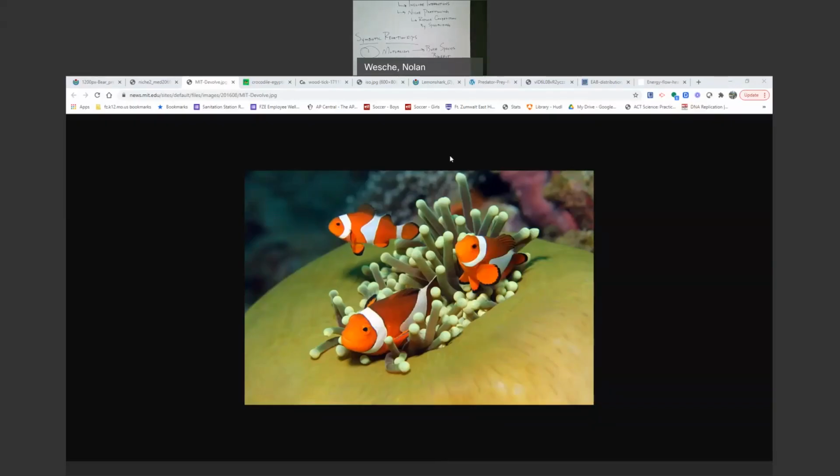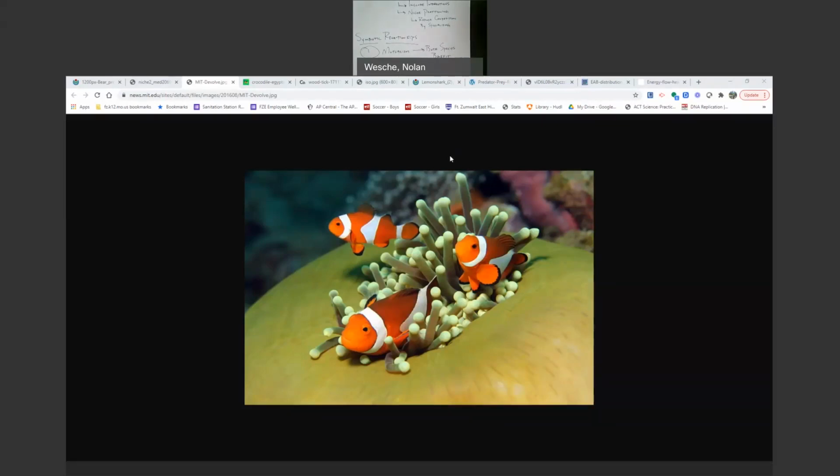So here we have a classic example of mutualism, where you have the sea anemone providing shelter from predators for clownfish that have immunity to the stinging nematocysts of the sea anemone. And then what the clownfish will do is they will run off butterfly fish and other varieties of fish that actually like to eat the nematocyst tentacles of the sea anemone. So both are providing a type of protection against some predatory fish.